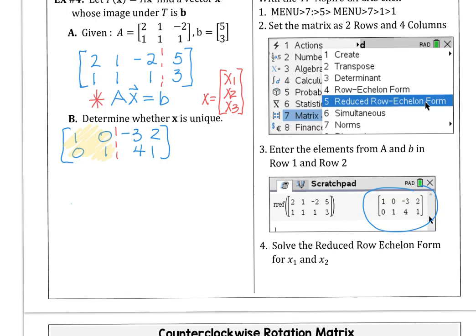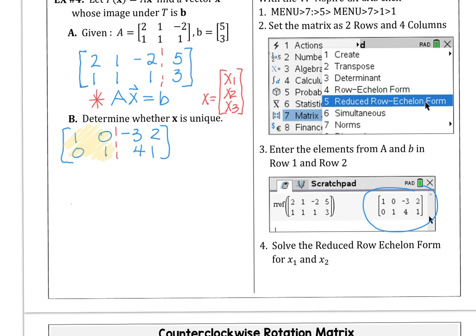But we have a 2-row, 3-column matrix. So we had to determine what the value for x3 is. If you think about this solution set that we got from our calculator, if this is x1, x2, x3, that has to be our B value.